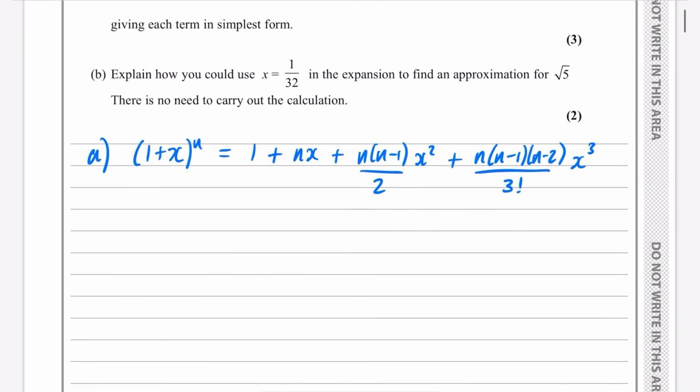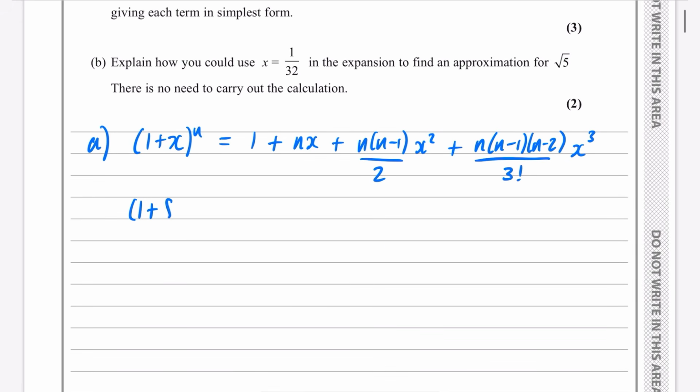So we're just going to do exactly the same thing as that formula, but it's going to be with (1 + 8x) to the power of a half. So in this case, n is equal to a half, and our x term is actually 8x. So we're going to be very careful with our substitution. We'll get 1 plus a half multiplied by our x term, which is 8x. Then we're going to get a half for n.